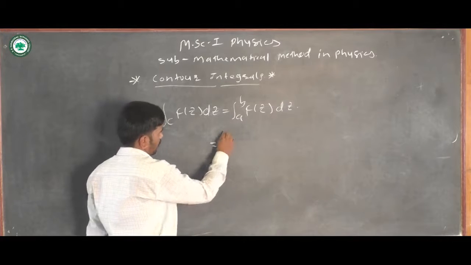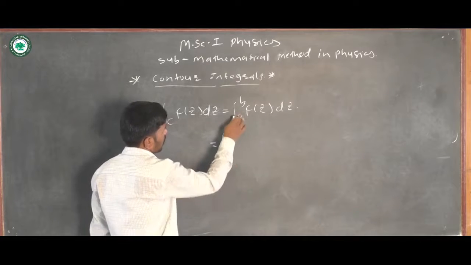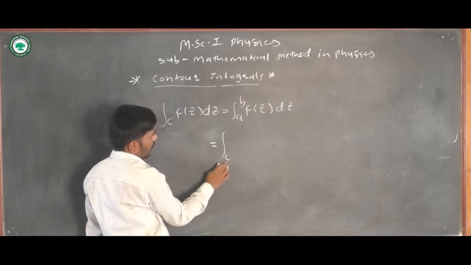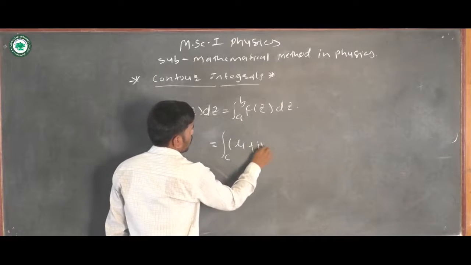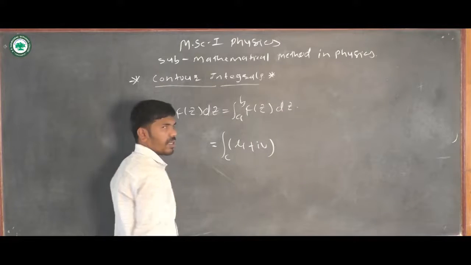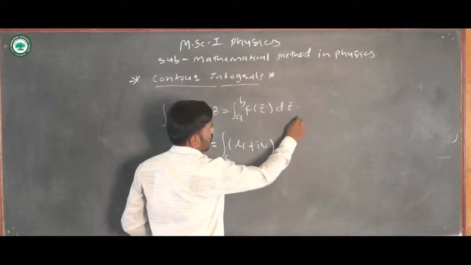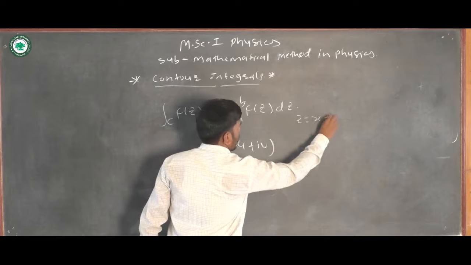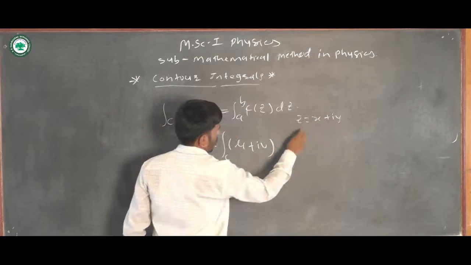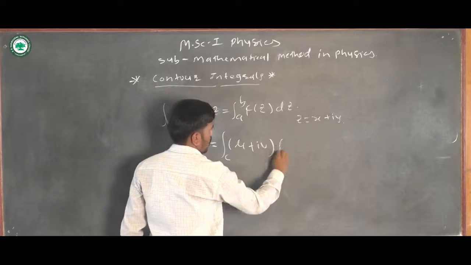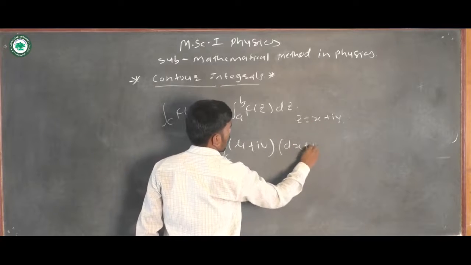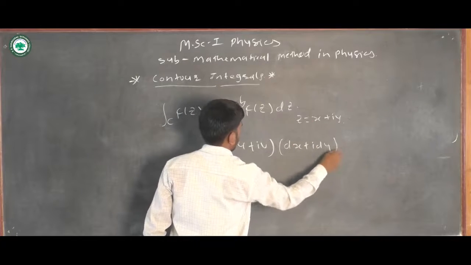You can take this a to b as the interval, I am using C. So it's u plus iota into v, and for dz, z is equal to x plus iota into y, so if we differentiate, it is dx plus iota into dy.